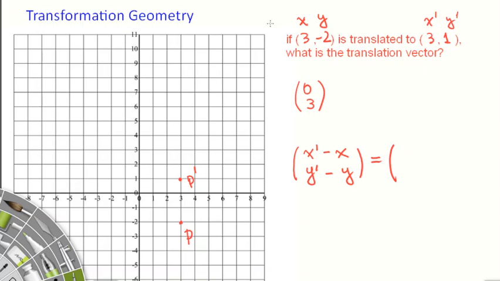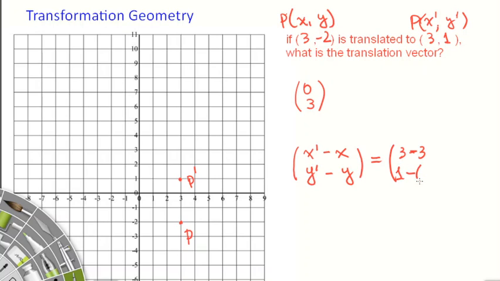I'm just calling those names P (x, y) and P prime (x prime, y prime). So when I work that difference, that's 3 minus 3, and here that's 1 minus -2.